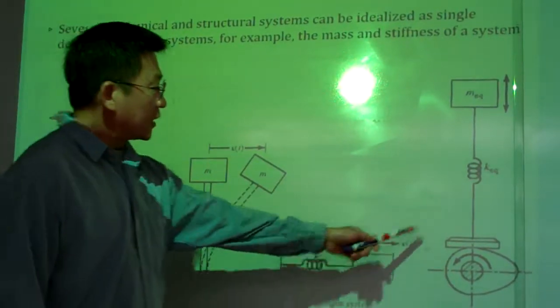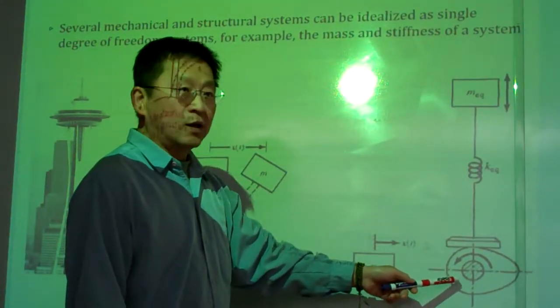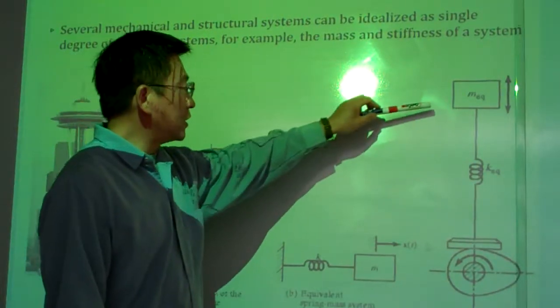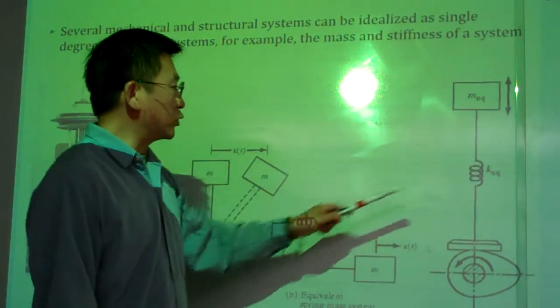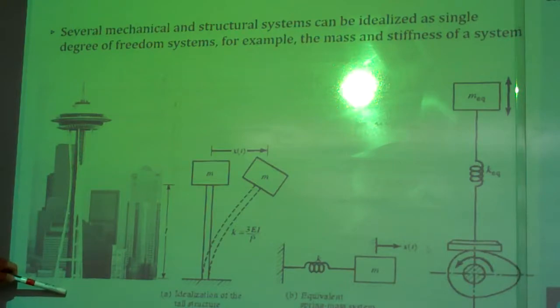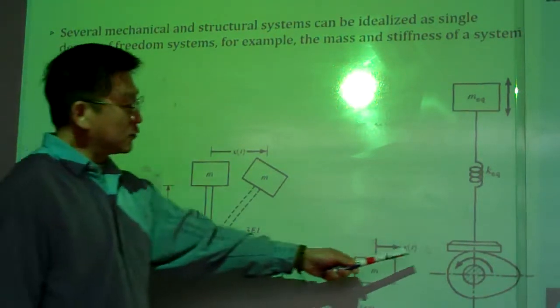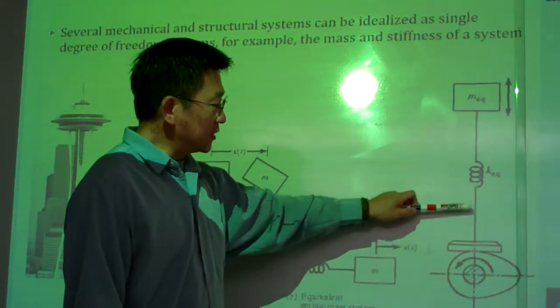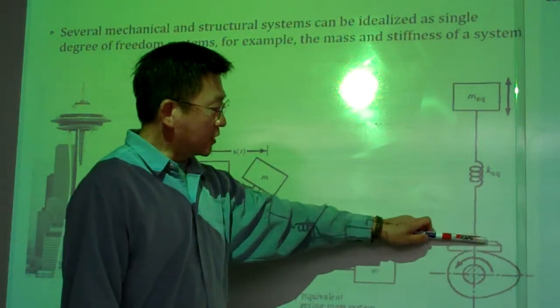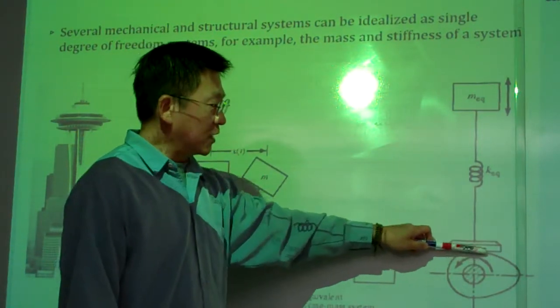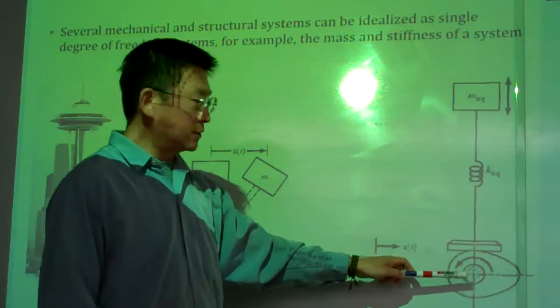And this example, let me explain. This is the mass, and this is the spring to approximate this tower. You see this spring connects to the base, and the base is under certain rotation.